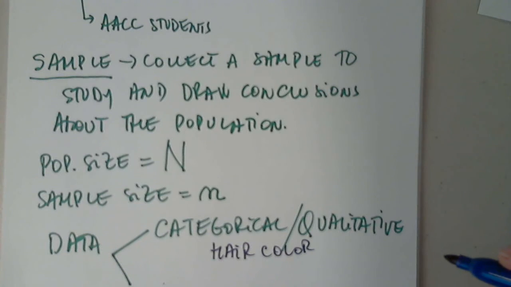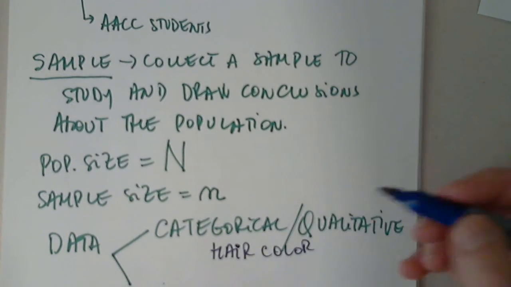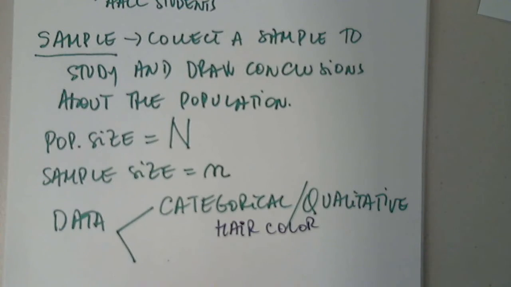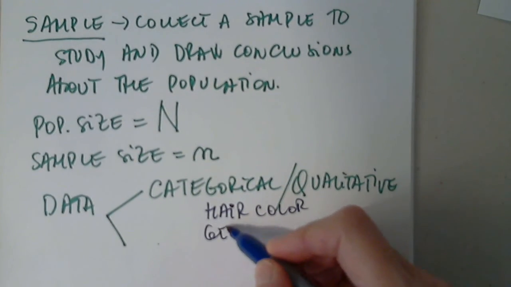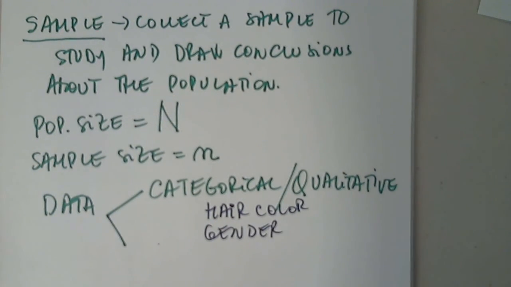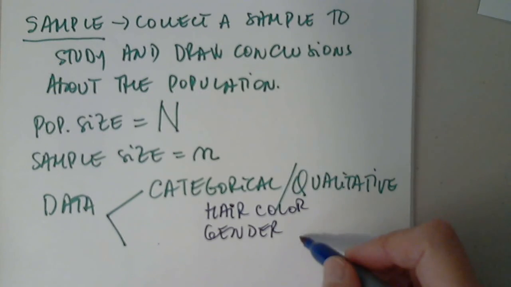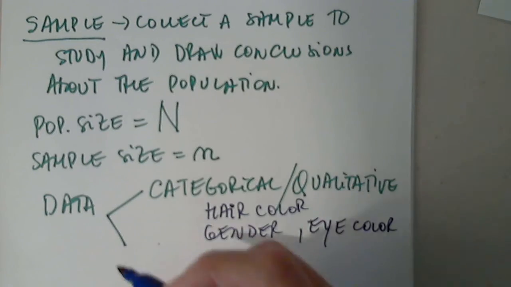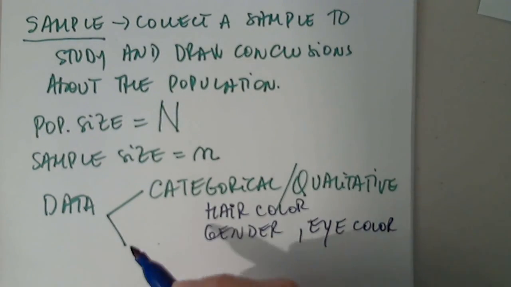Categorical or qualitative. Can anyone give me another example of a categorical or qualitative data other than hair color? Gender. Very good. Excellent. Eye color. Very good. Excellent. The other type of data is quantitative.